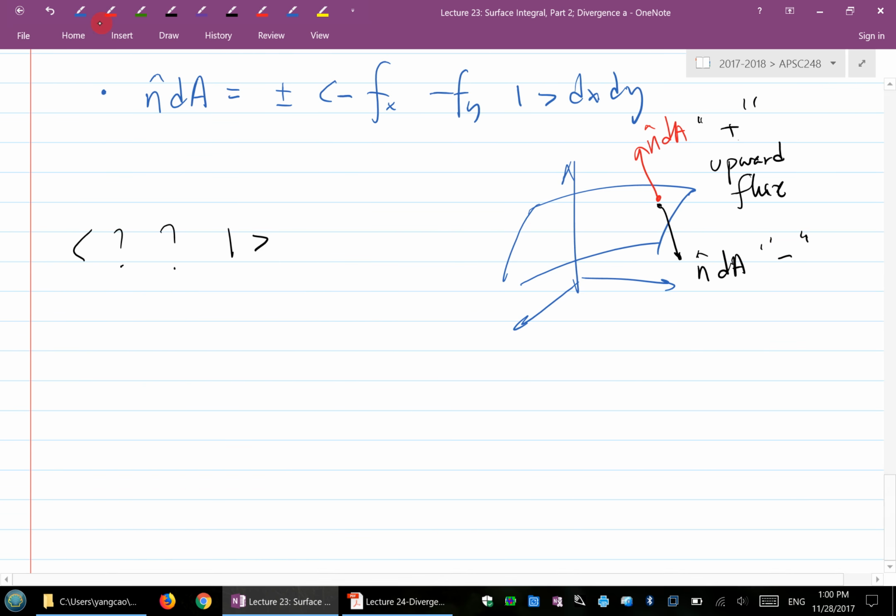So let's take a look at a couple of examples. Given a vector field, it's a very simple field: F equals z k hat. Also a surface.